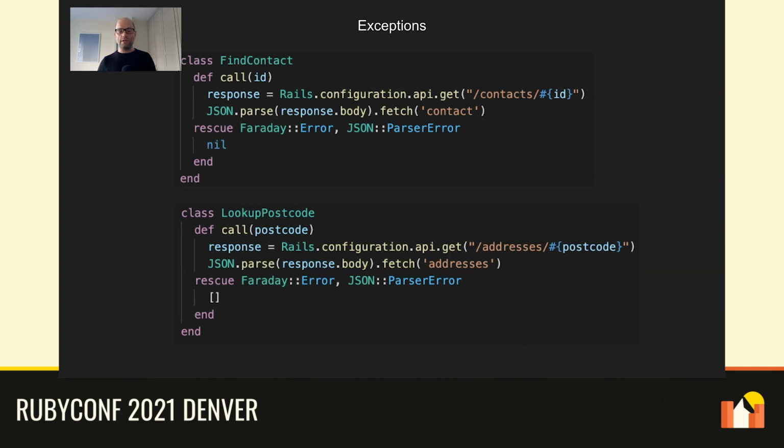Well, in the case of a contact that doesn't exist, it's going to give a 404. We're going to rescue the Faraday error and return nil. In the case of the API call failing, maybe the API is down, maybe there's a timeout issue, it will still return nil. Those two cases amount to the same thing, but they're not the same thing, are they?